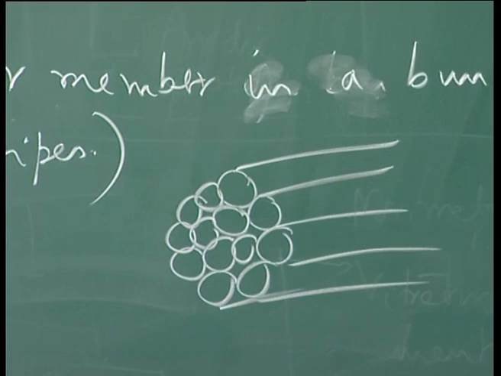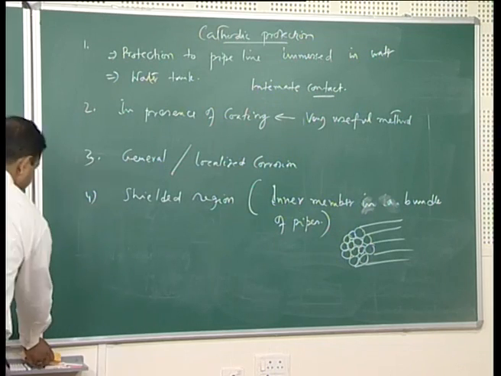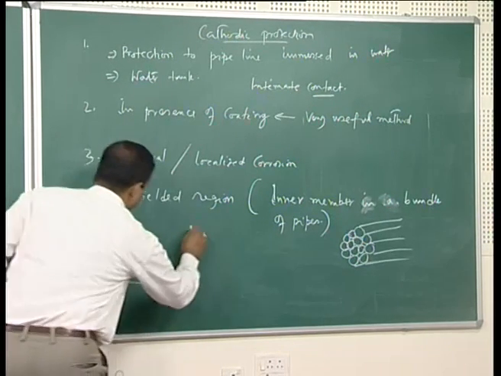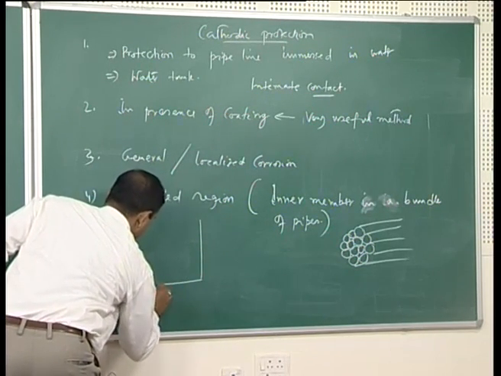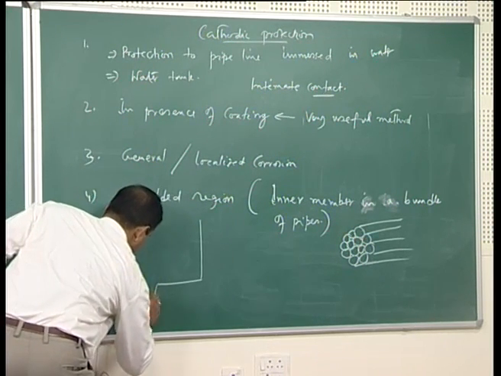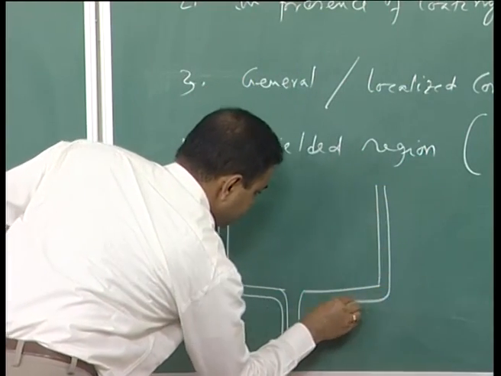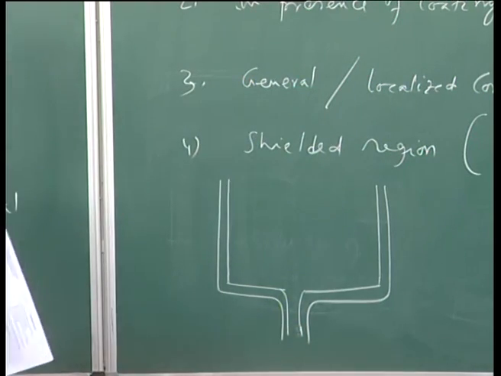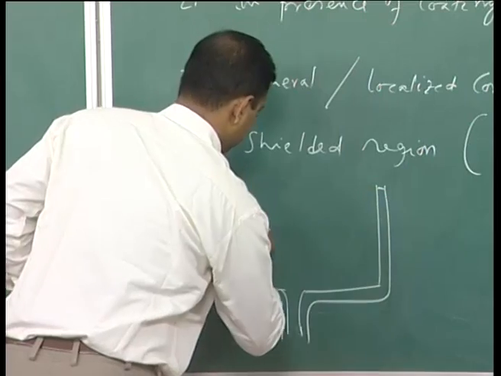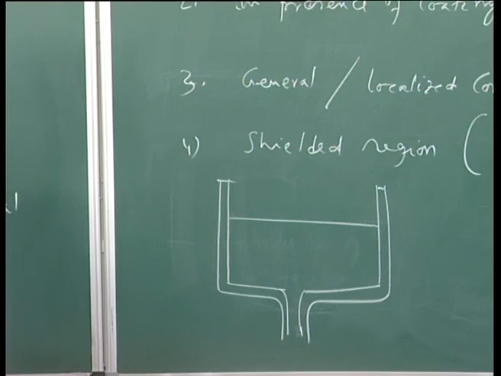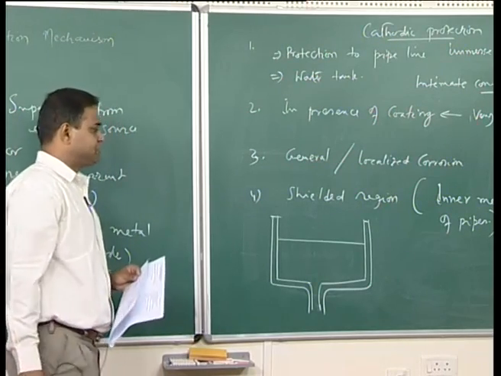So, let us see what shielding actually is. Let us say we are going for protection of a water tank. This is the electrolyte. Now, that protection is done from an external DC power source.